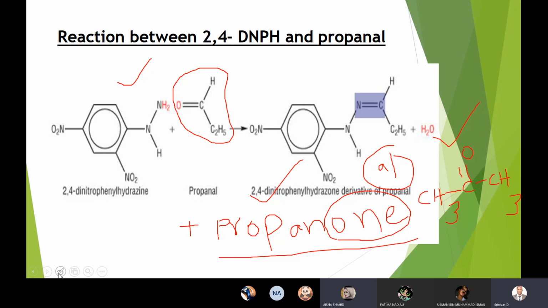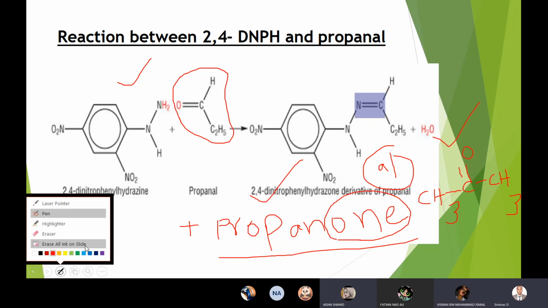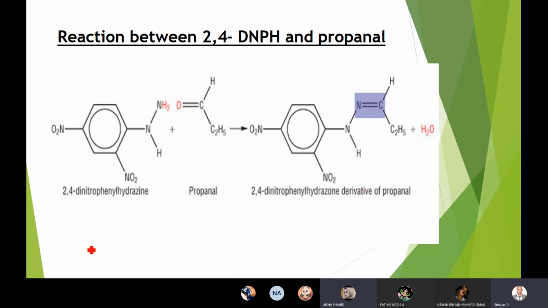So this is all about nucleophilic addition reactions. What is the importance of this now? This test is useful to differentiate carbonyl compounds or organic compounds which have the same boiling points.